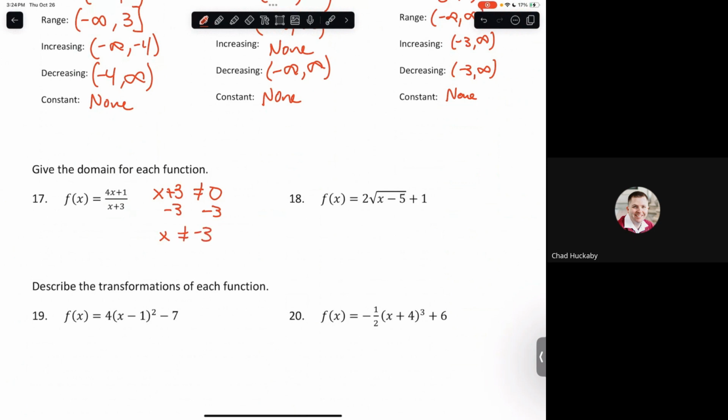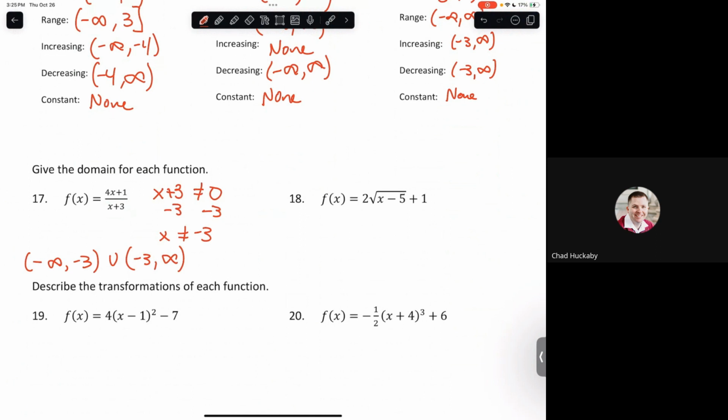So if you were to look for the domain there, the domain is all real numbers except -3, or in interval notation, -infinity to -3, union -3 to infinity. So all the values except that -3.